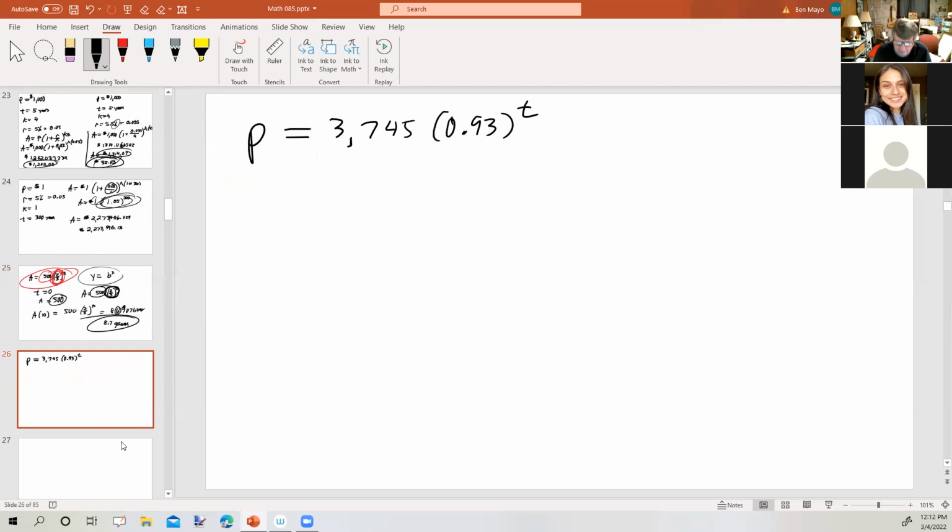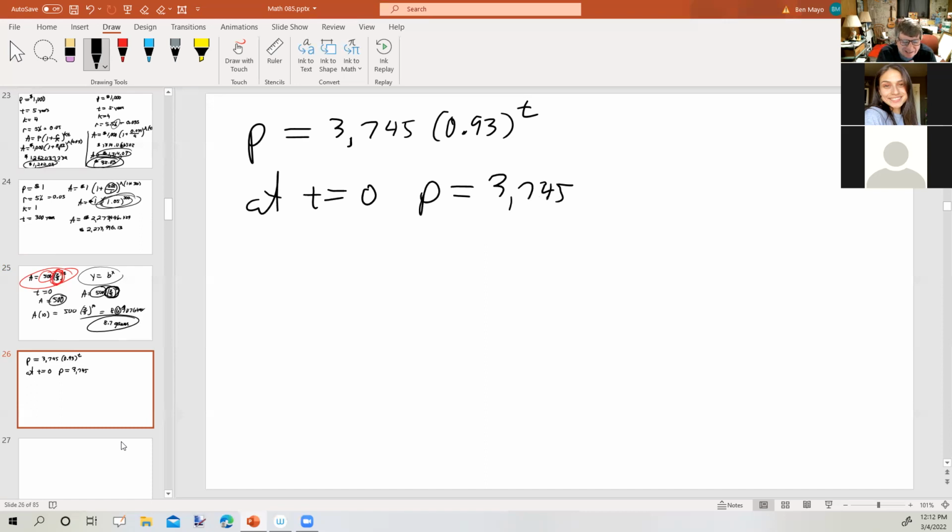So at the beginning of time for this problem, what's the population? So at T equals 0, P equals what? 3,745. Good. You're catching on.